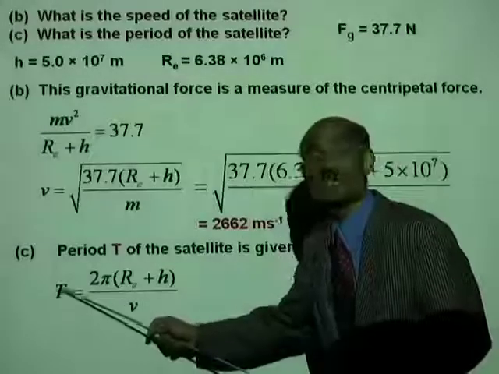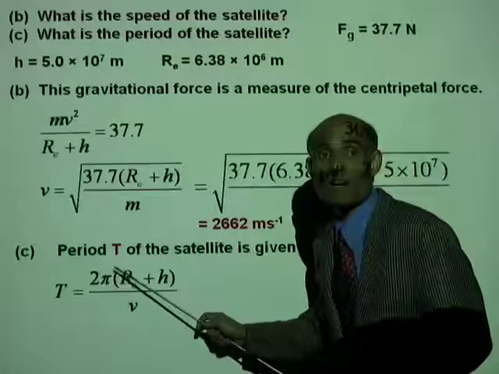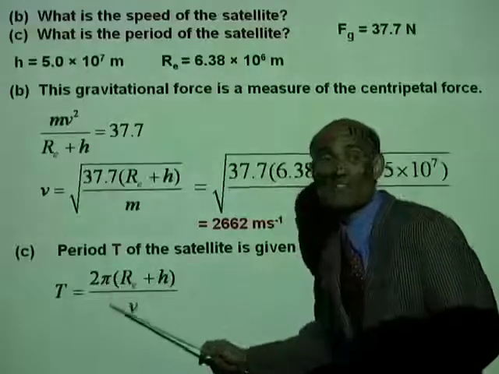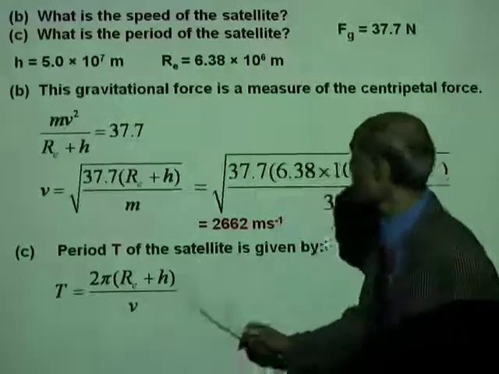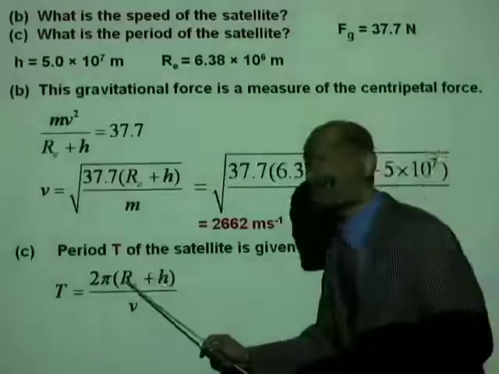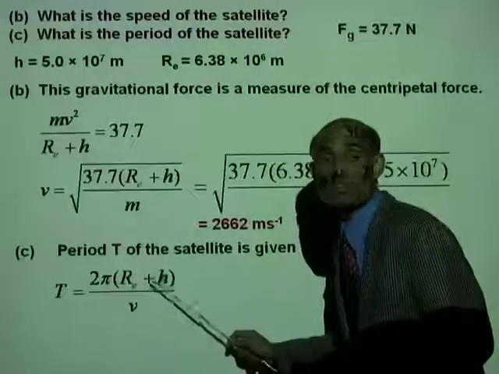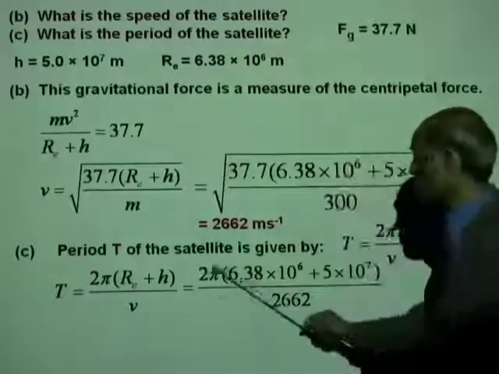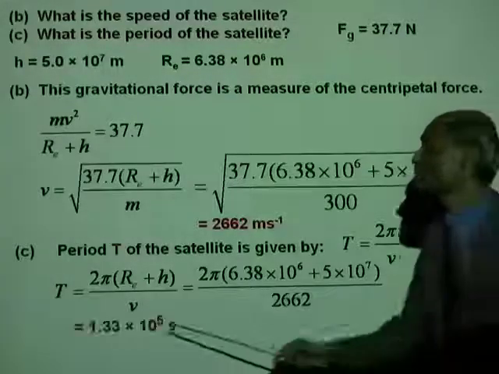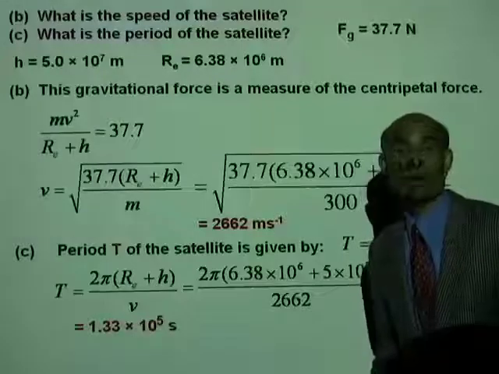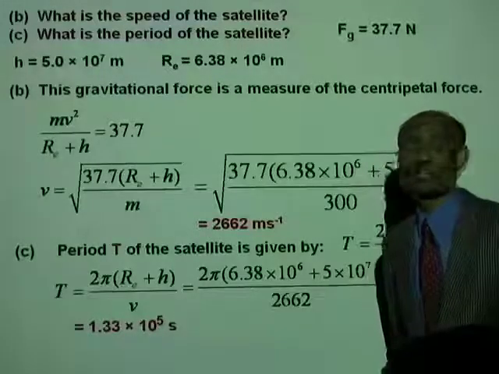So the period T equals 2 pi times R E plus h over v. We know all these quantities. v we just calculated. Radius of the Earth we know. h we know. Therefore, use all those values, and that gives you the period is 1.33 times 10 to the power of 5 seconds.